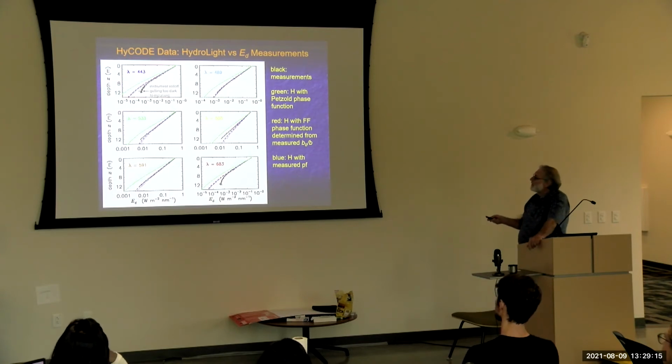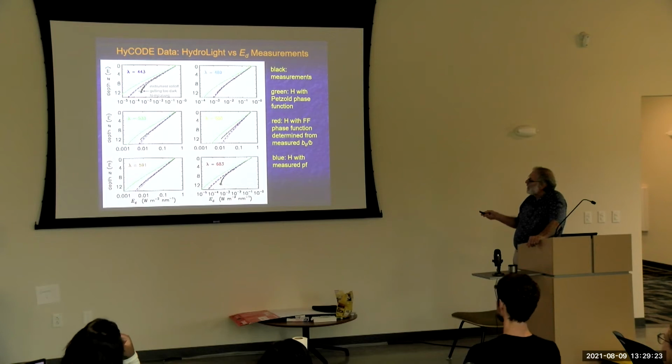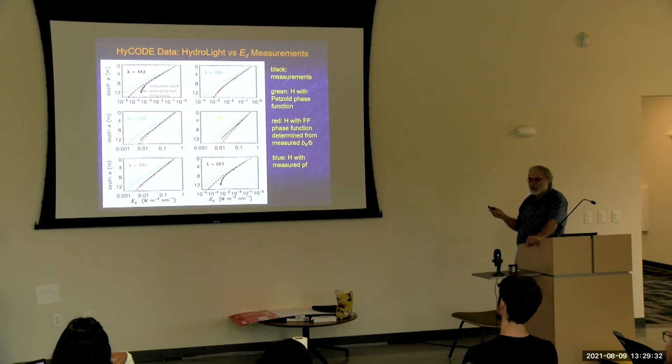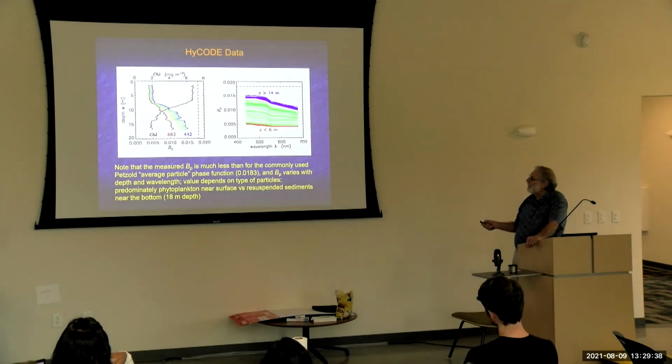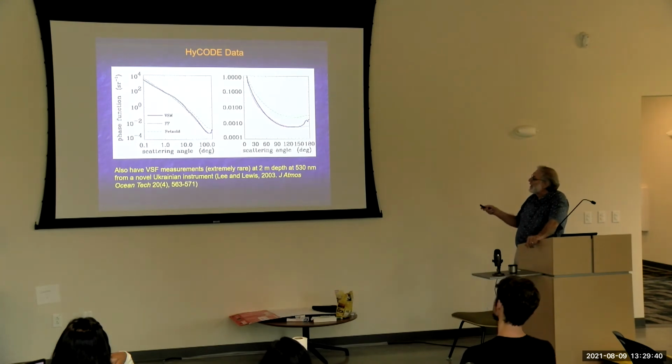So you look at this and you say, well, most of these wavelengths, the green, the red, and the blue are all pretty darn close. And then Petzold is totally off here. Well, what's going on there? Well, the Petzold phase function, if we back up, it has much higher values here in the backscatter direction.